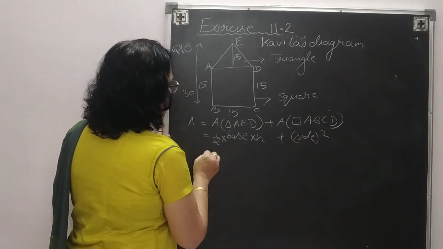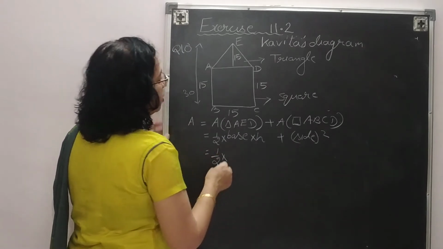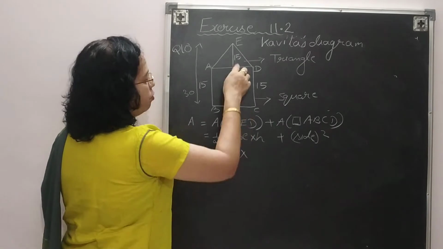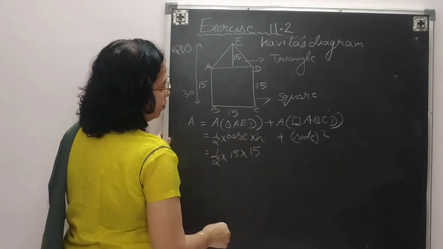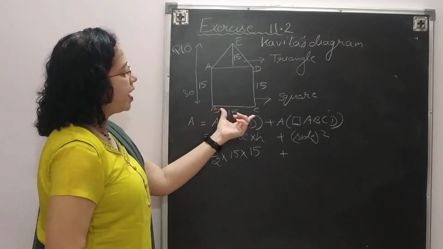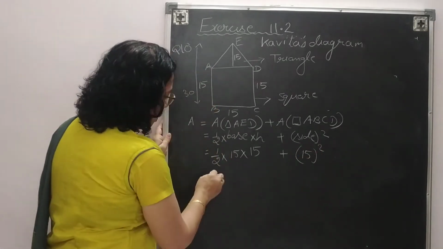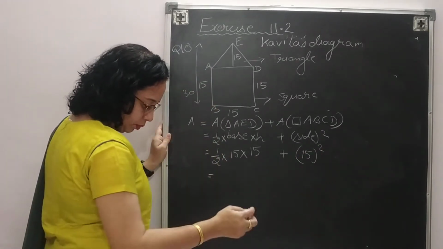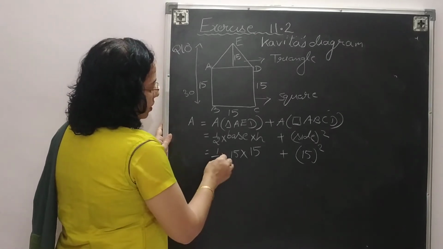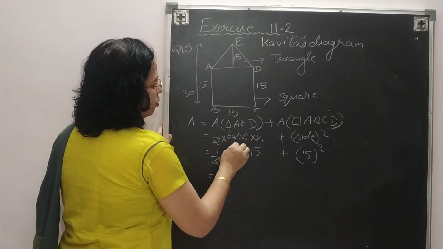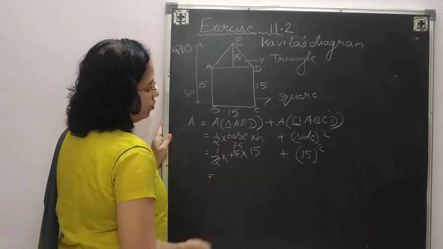Okay. Now we will substitute the values. What is the base for this triangle? Definitely base is 15. And how much is the height? Height is again 15. Plus side square. Side is 15 square. Okay. So now you can cut the number. 2 ones are 2, 2 sevens are 14 and this 7.5.